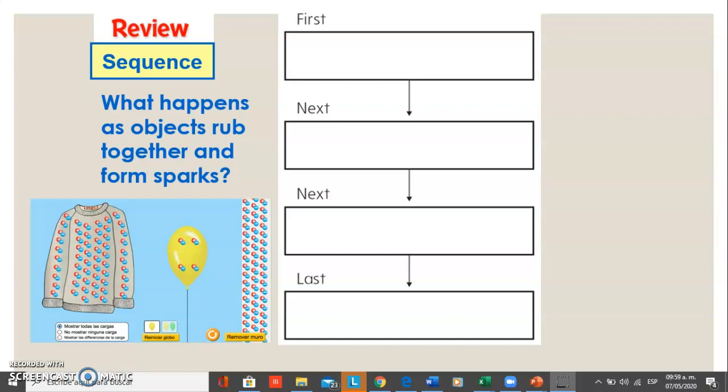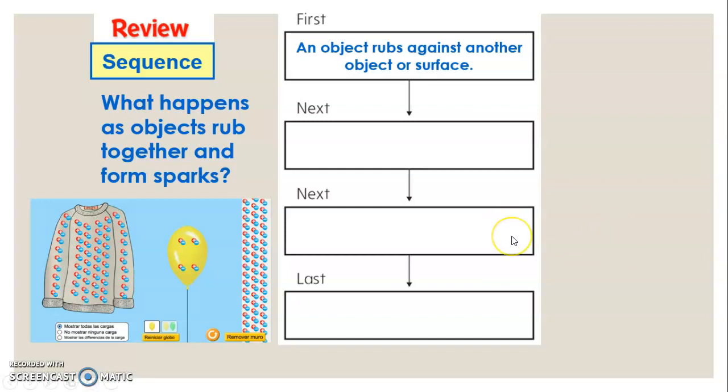What happens as objects group together and form sparks? Check that. What is going to happen first? So first, an object rubs against another object or surface. Then, what happens next? Electrons are exchanged, son intercambiados.